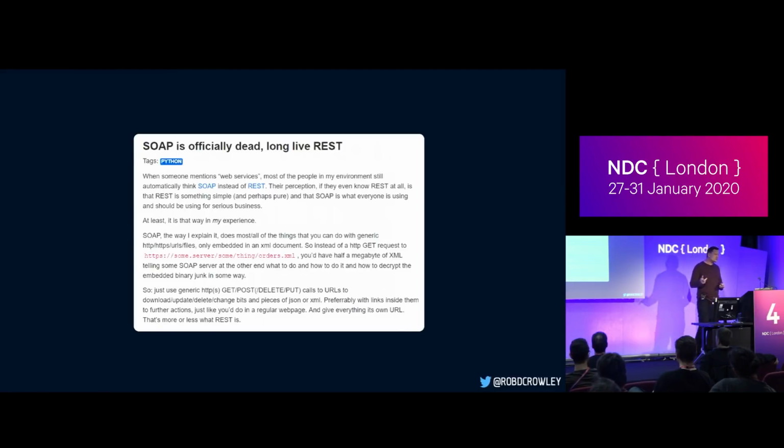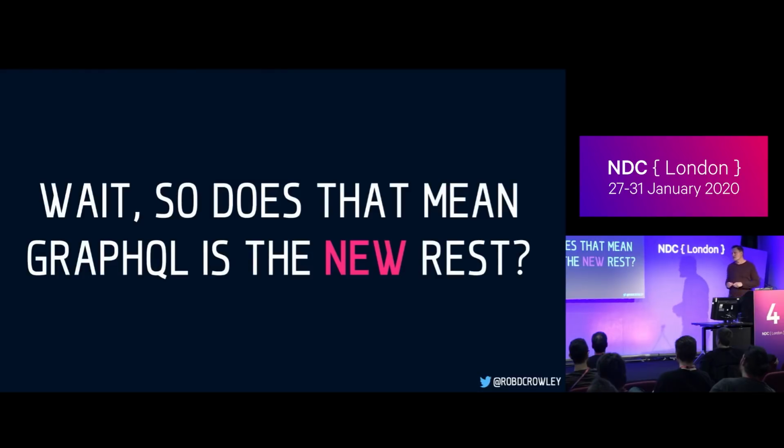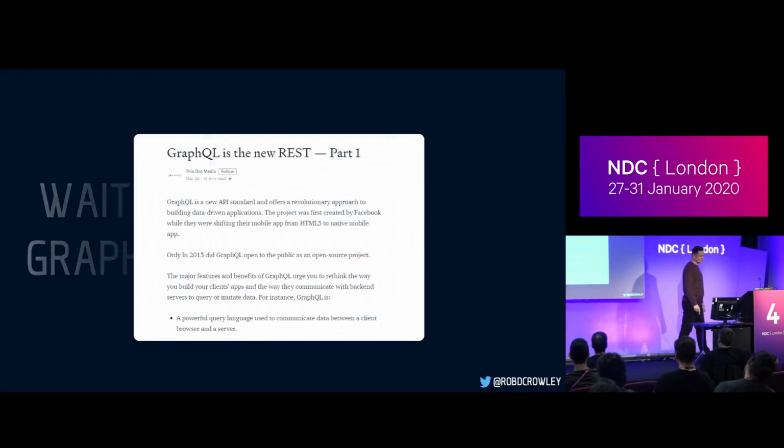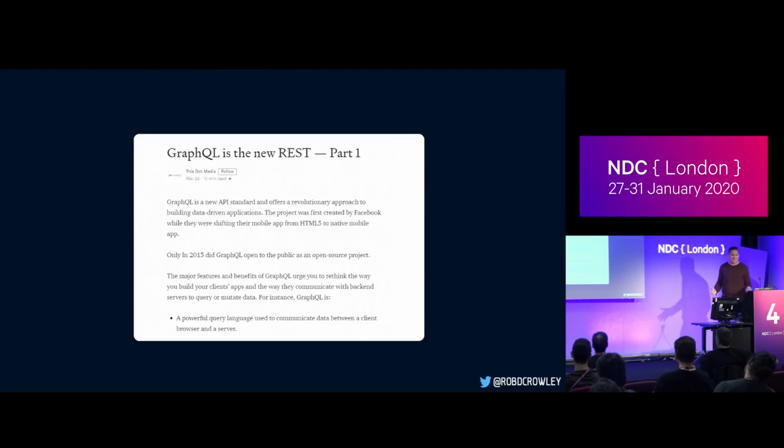So what can we draw from this? If SOAP is dead and REST is the new SOAP, does that make GraphQL the new REST? Surely not. But yes, you see, GraphQL is indeed the new REST, part 1. I've never actually seen part 2, but I'm sure it will be fantastic.